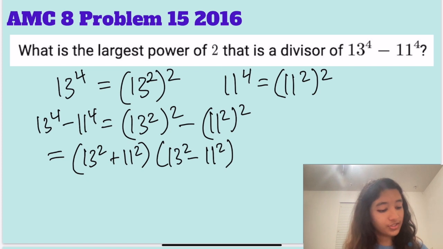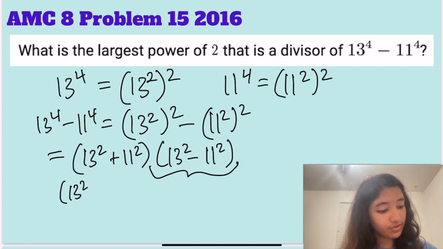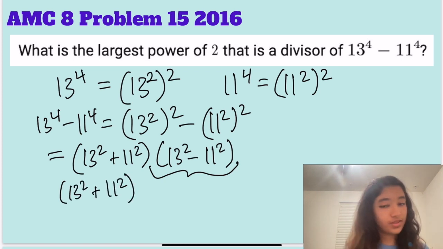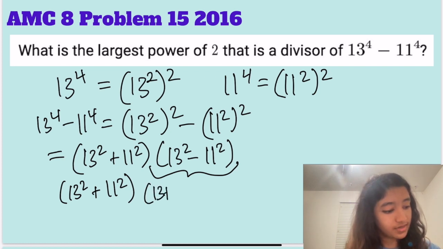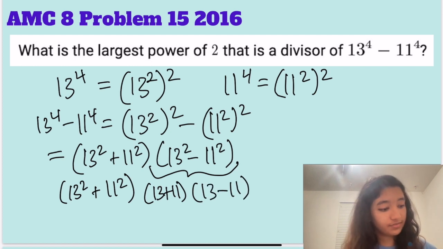And we can actually just do that process again for this factor here. First, we'll just bring down the 13 squared plus 11 squared. And then for the 13 squared minus 11 squared, that's equal to (13 plus 11) times (13 minus 11).